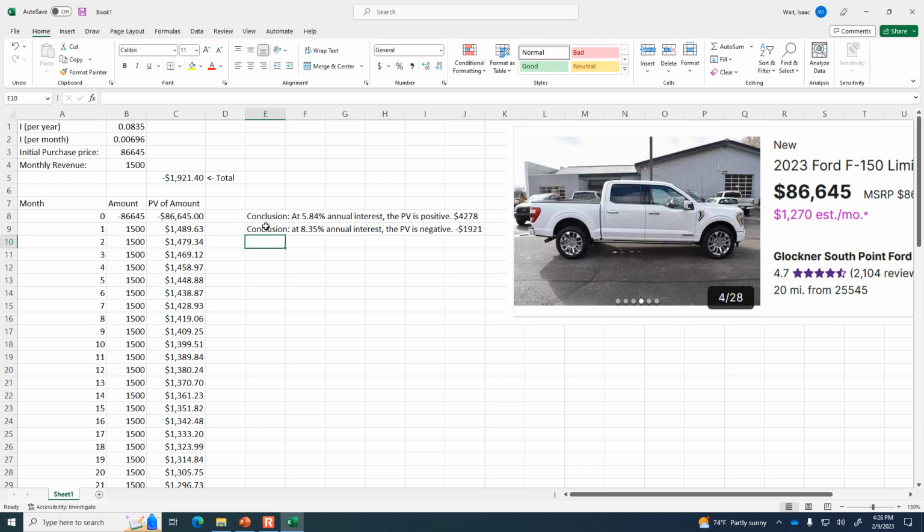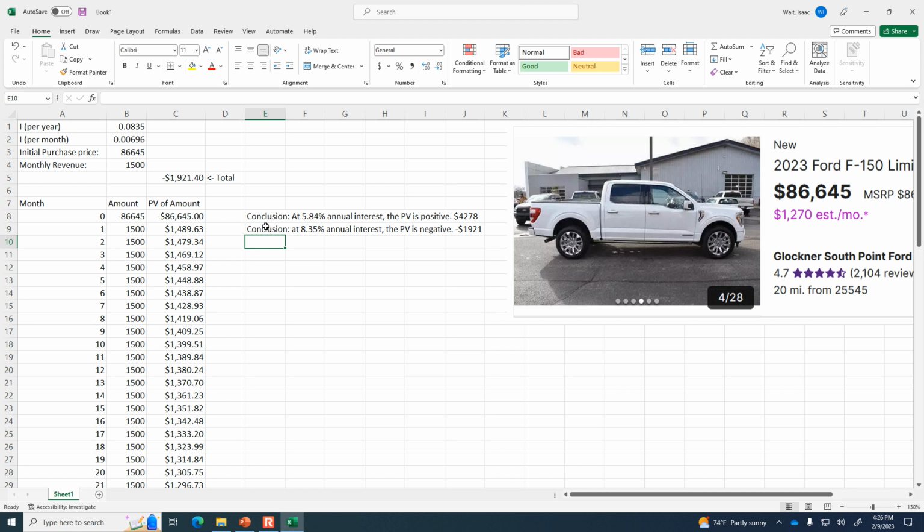So if you can get this loan approved at PenFed, then maybe you should do it. If you have to go get the loan at Huntington Bank, where the interest rate is higher, then this is a losing proposition. The value of the revenue you're going to generate with the vehicle doesn't justify its purchase.